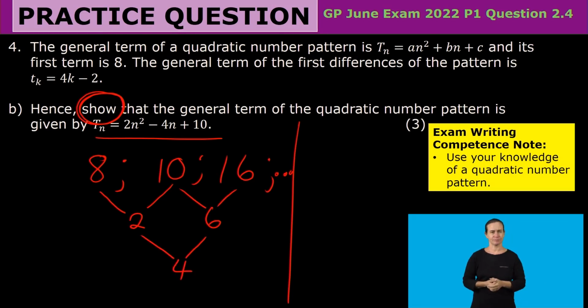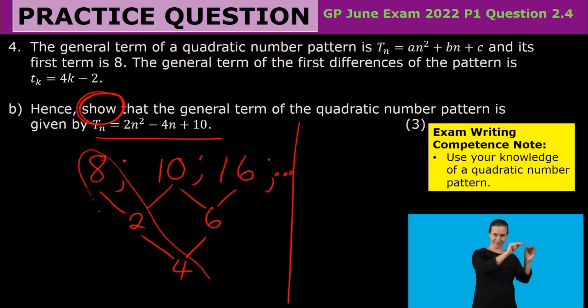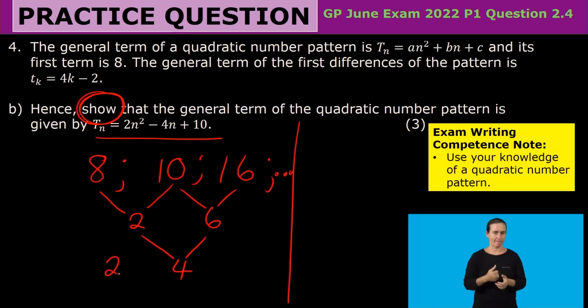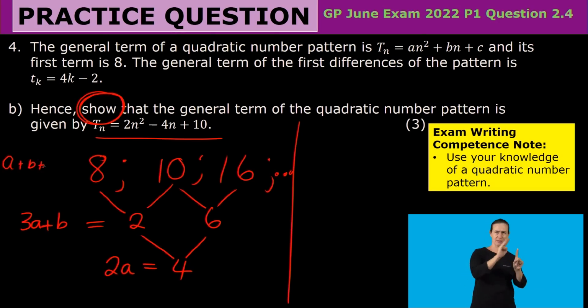Now remember, this is all we need to find that general term. Why? Because we know that 2a will be equal to our second difference. We know that 3a plus b will be equal to T2 minus T1, and in this case, that is our 2. And of course, we know that a plus b plus c is going to be equal to the first term, and that is the 8 there.